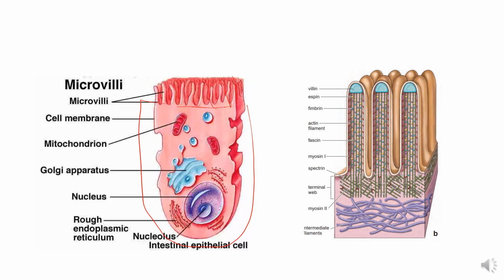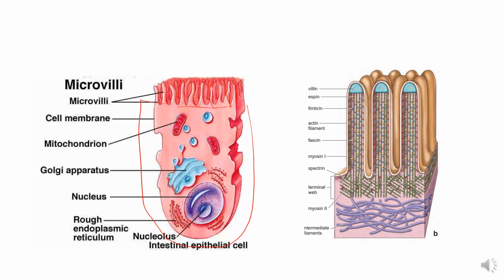Now microvilli are the extensions of the cell membrane, while the villi are the extensions of the mucosa, the epithelium and the lamina propria, and the plica circularis is the extension of the mucosa and submucosal layer of the small intestinal wall.